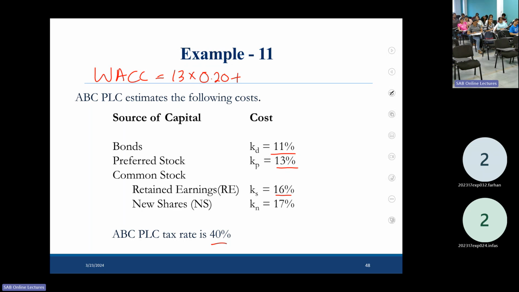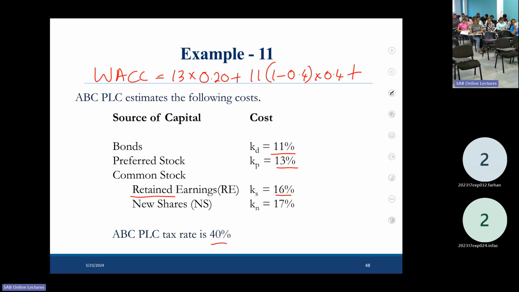So this is the before-tax cost of debt, given because the tax rate is there. So before-tax cost of debt is 11%. You have to adjust it for the tax shield, so you multiply by 1 minus the 40% tax rate. Weight for the debt capital is 40%. Plus cost of equity.